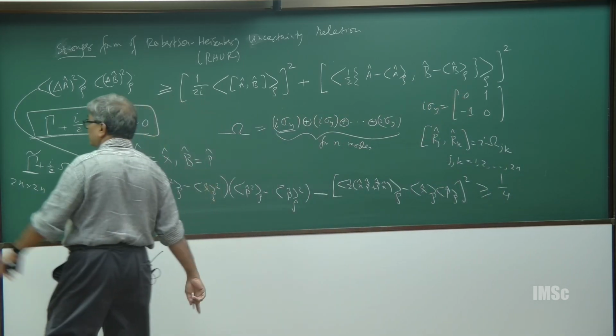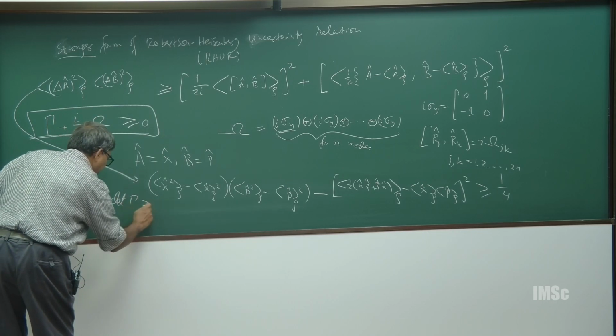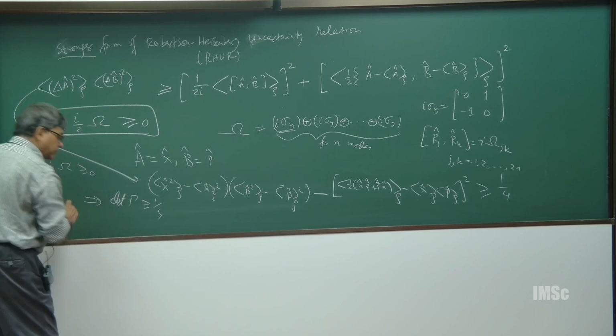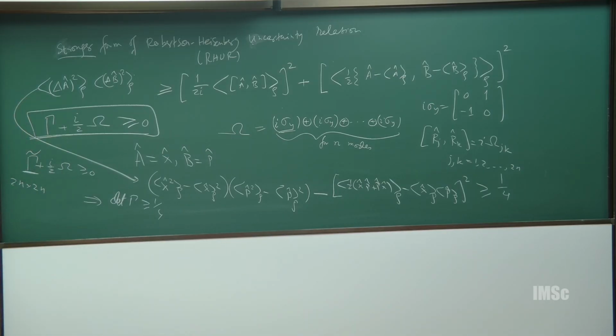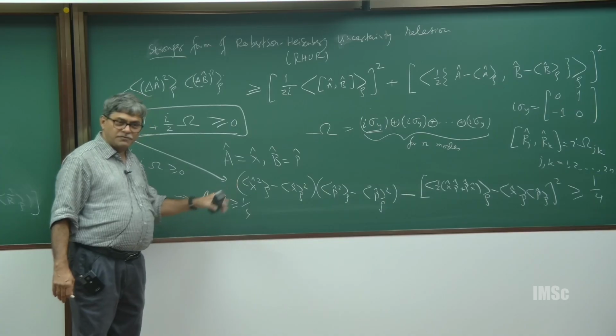Now, what is this condition? If I look at this, it basically tells you that the determinant of gamma is greater than or equal to 1 by 4. Of course, if gamma is a positive definite matrix, then all its eigenvalues are positive, so the determinant of gamma has to be positive, no doubt of it.